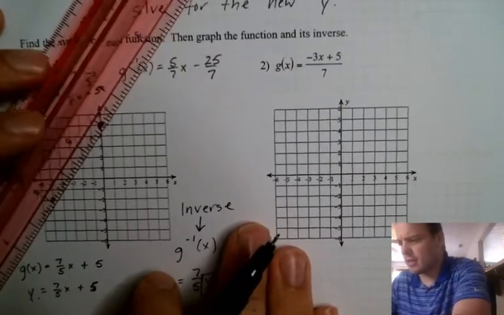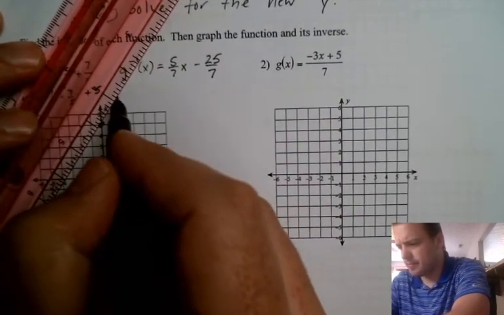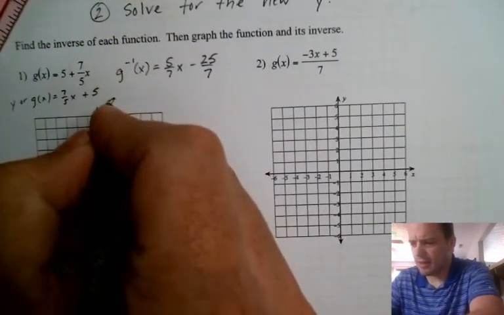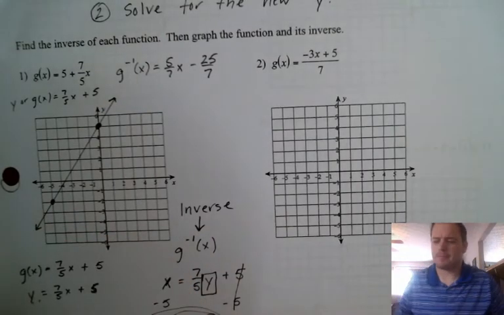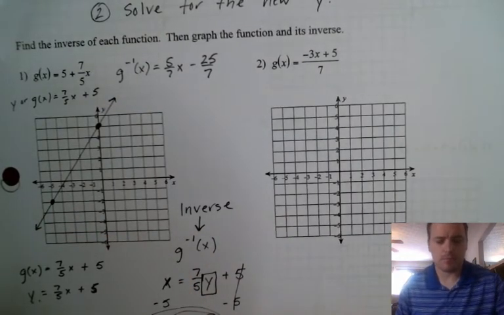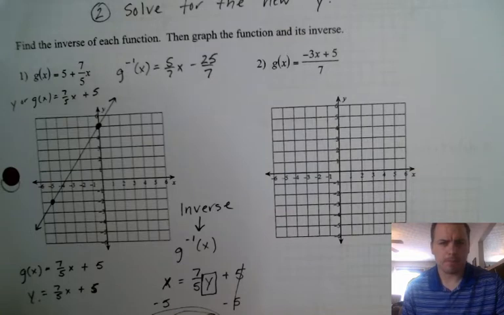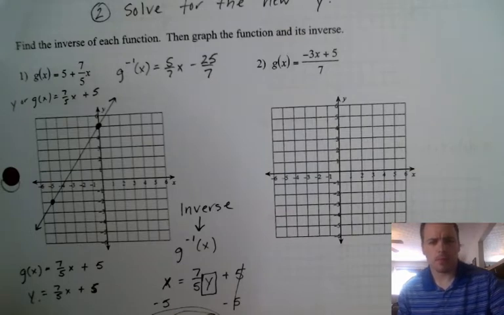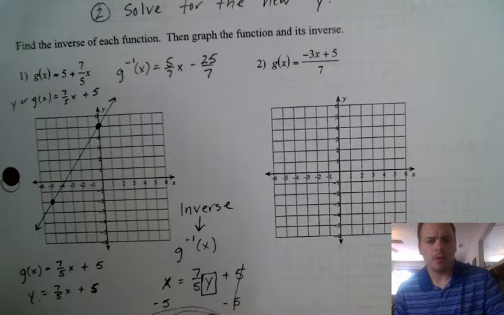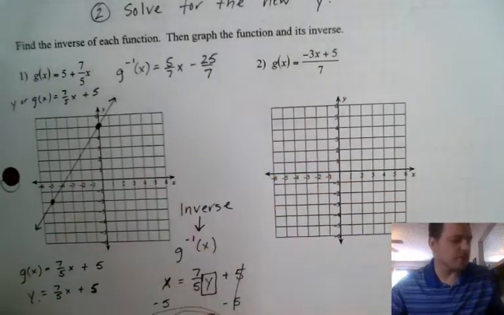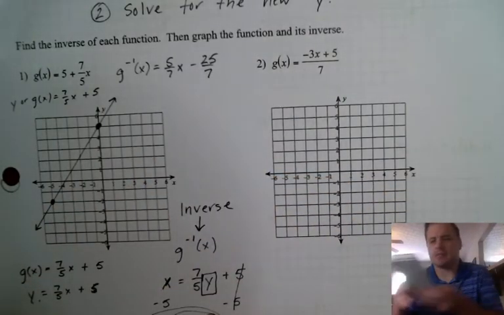Crank out the straight edge. I have a line that looks like that. Okay. So now we need to graph this one. Now this looks a little bit intimidating, but guys, don't let this intimidate you.